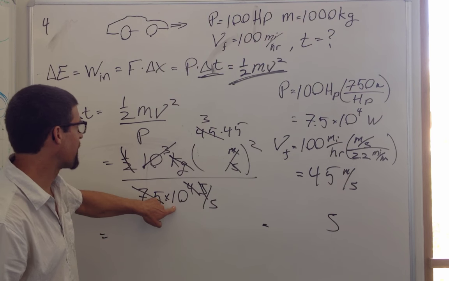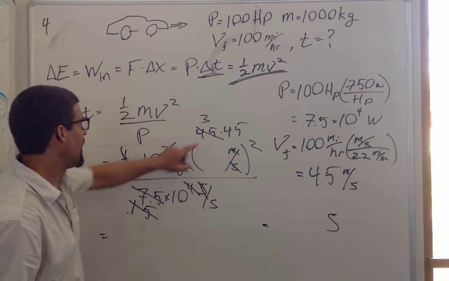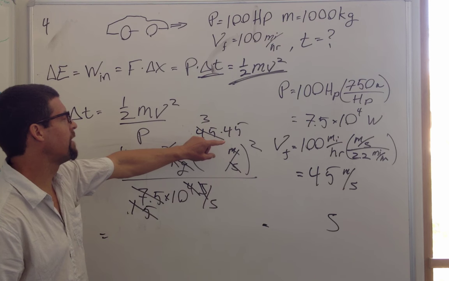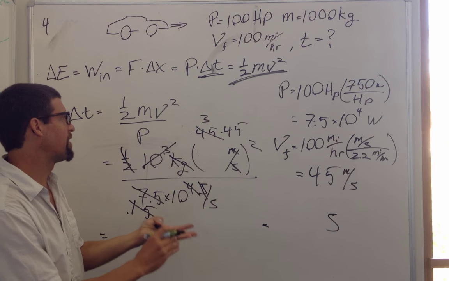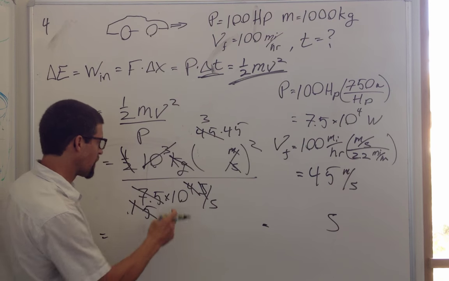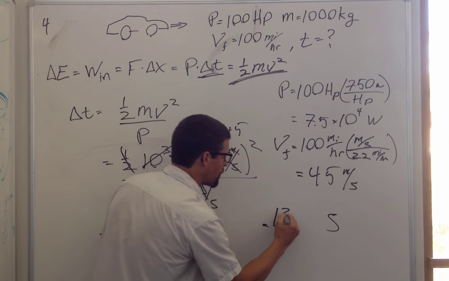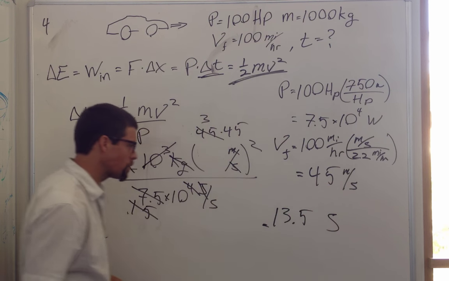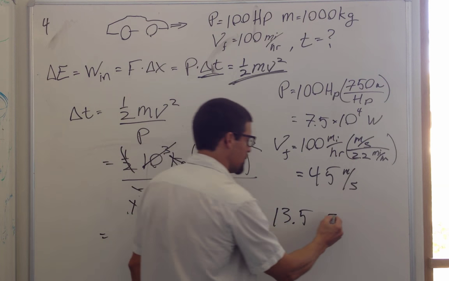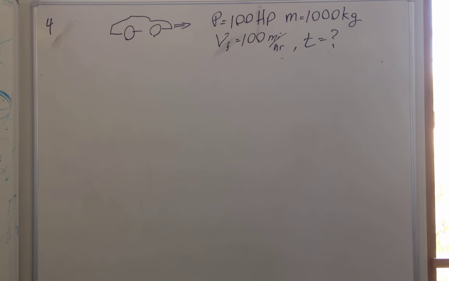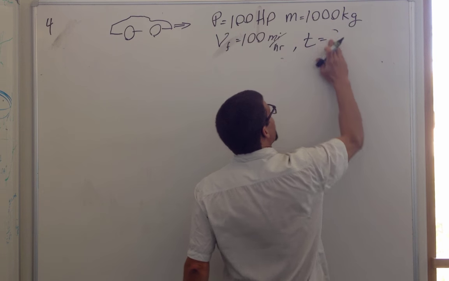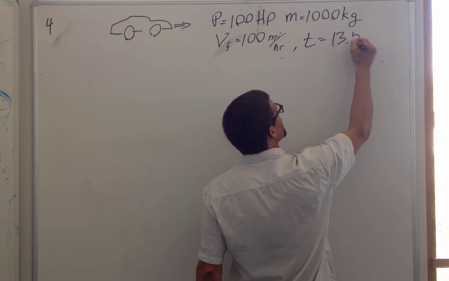There's a 10 in the bottom, right? And I've got 45 times 3, which is 135. Divided by 10, that's equal to 13.5 seconds. About. So now we know the time is about 13.5 seconds.